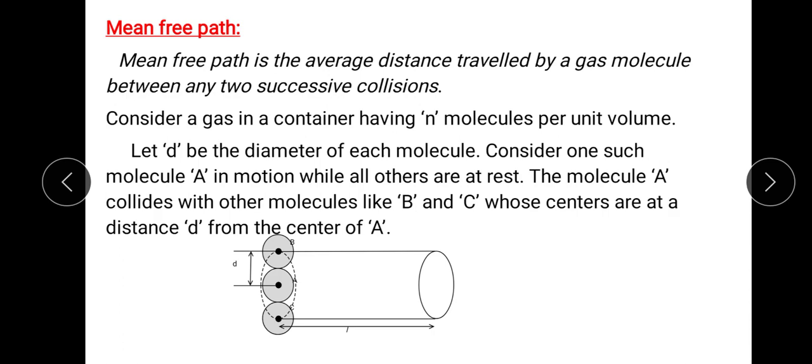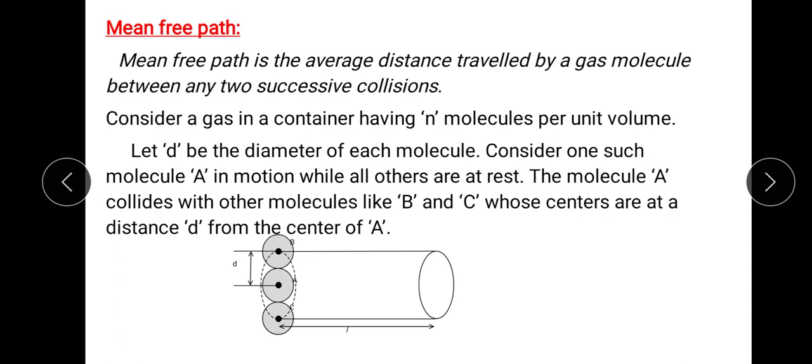In between the two collisions, it travels some distance without colliding with any other particles. That distance traveled by a molecule of a gas without undergoing any collision is called a free path.